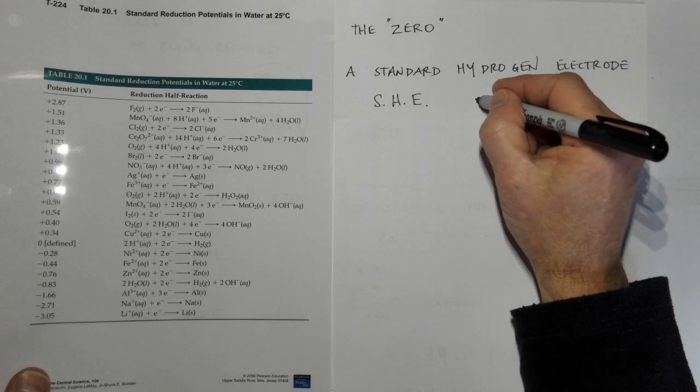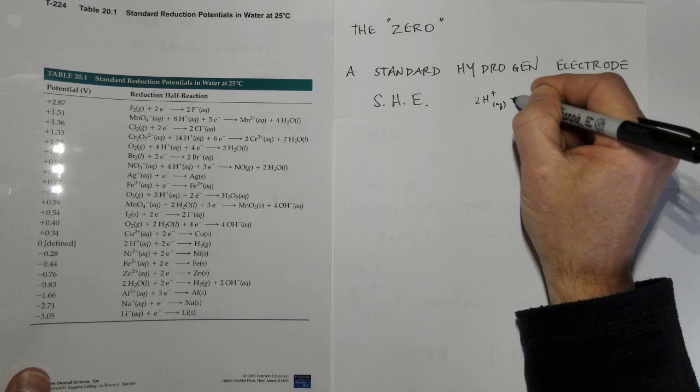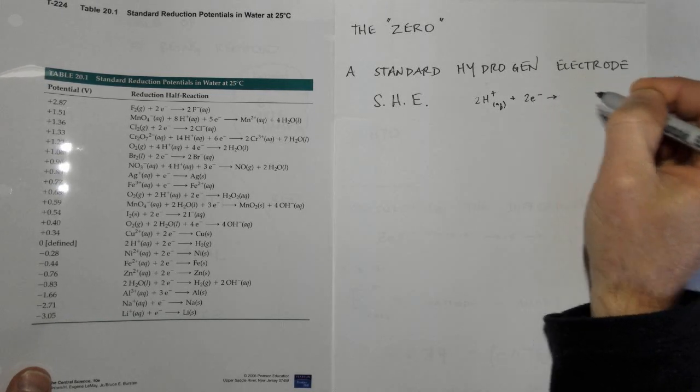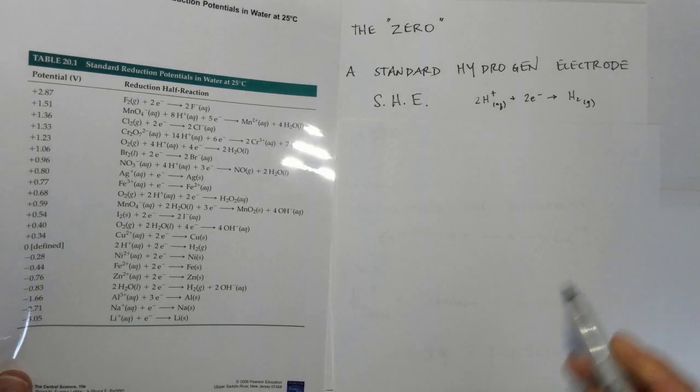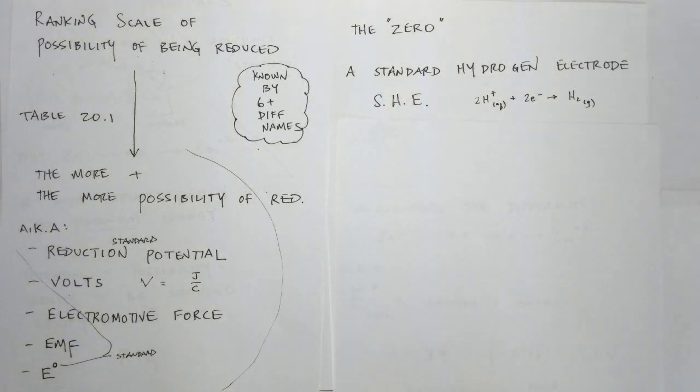If you want to write the equation down, it's 2H plus aqueous plus 2 electrons goes to H2 gas. And this is the standard that everything else is based off of as far as how much something wants to gain electrons or lose electrons.